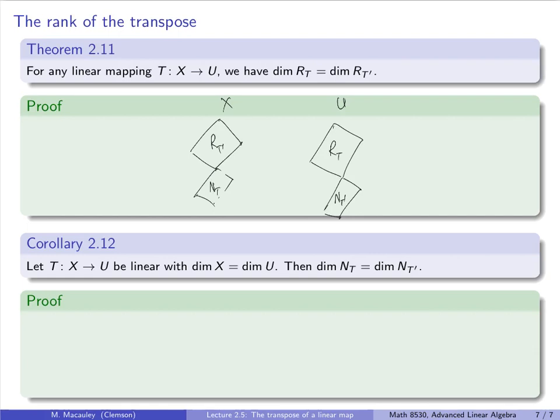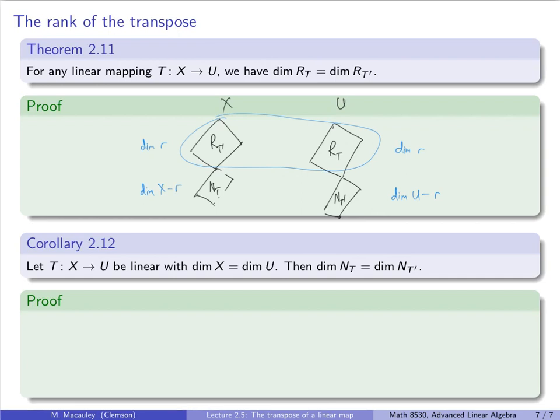So what we showed in the previous result is that these have the same dimension, let's call this R. This here is dimension of U minus R. This is dimension R, and this is dimension of X minus R.